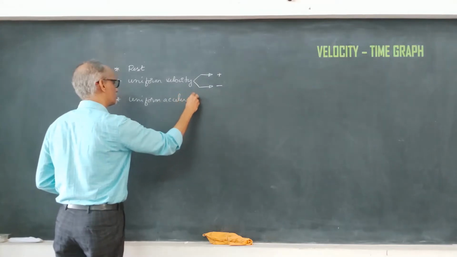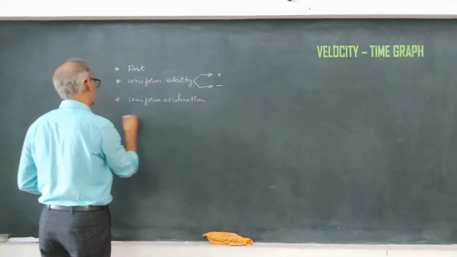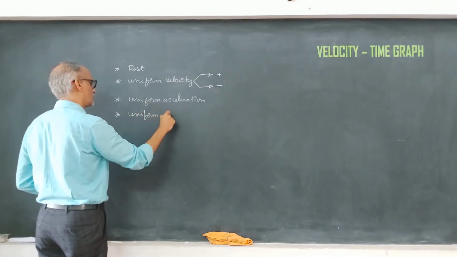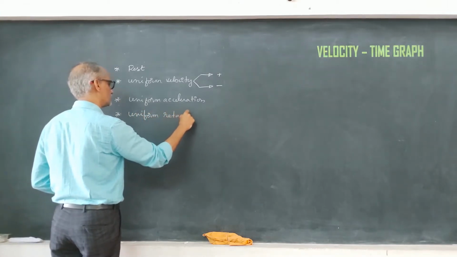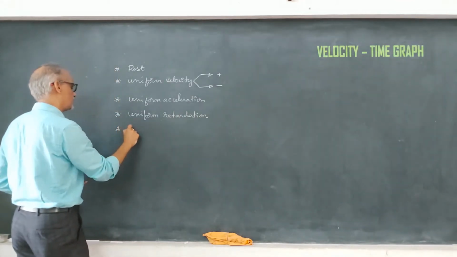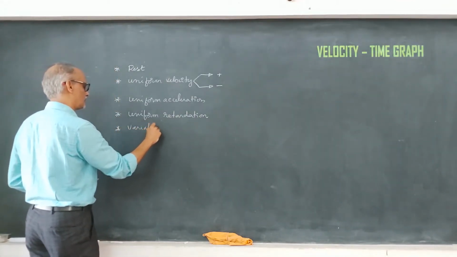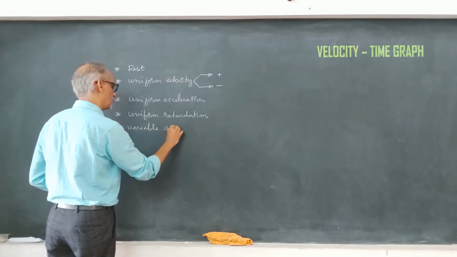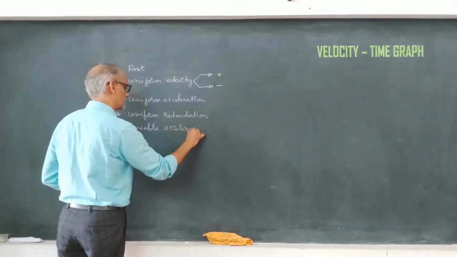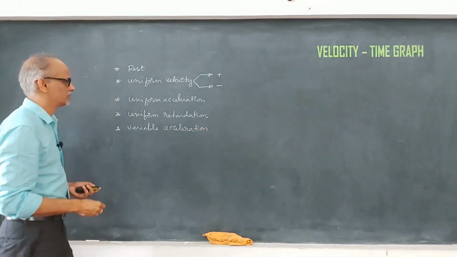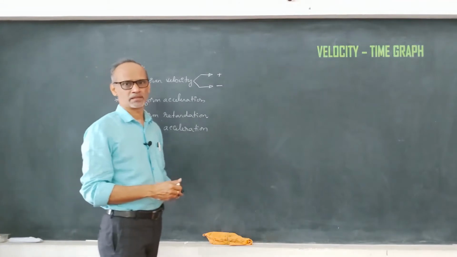Then we have uniform acceleration, then uniform retardation, then variable acceleration. All these we can learn by looking at the graph.